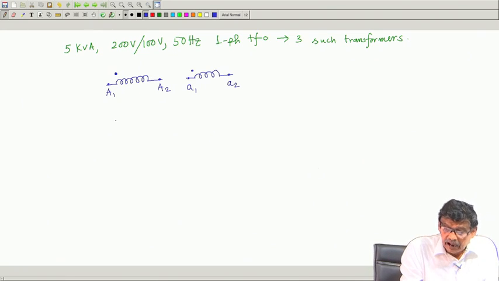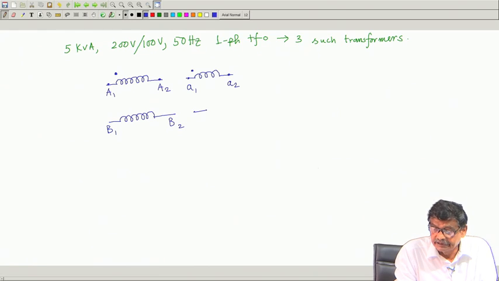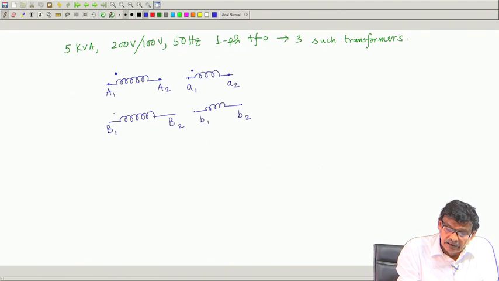In the same way, I will have the second transformer, which I am drawing below, B1 and B2, you understand now, and its secondary small b1 and small b2. And similarly, these two fellows are dots.